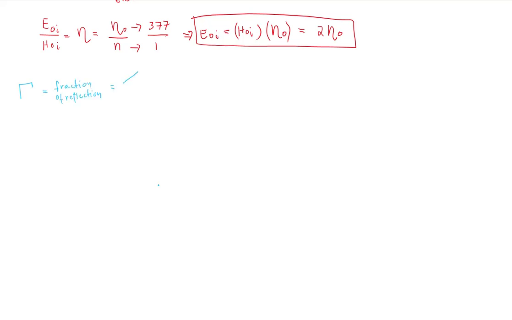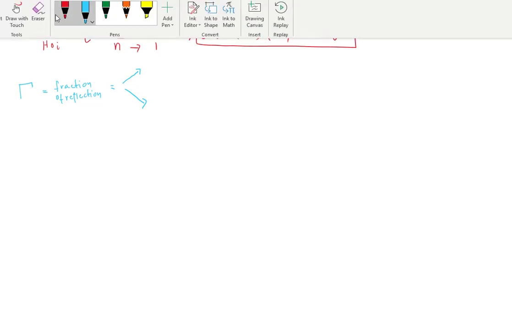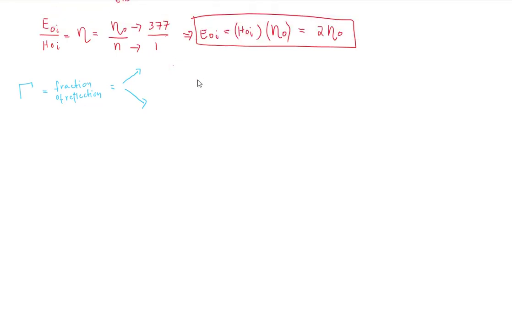You could obtain this using two formulas. It's up to you which you find easier. So it's either use eta 2 minus eta 1 divided by eta 2 plus eta 1.